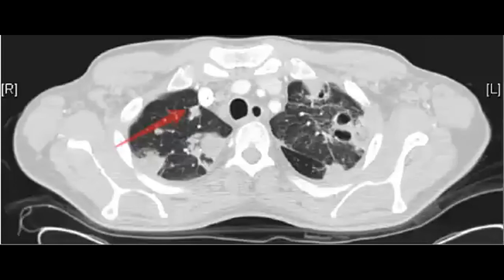So this image of CT, how do we describe them? So the opacities in the X-ray, what to do?